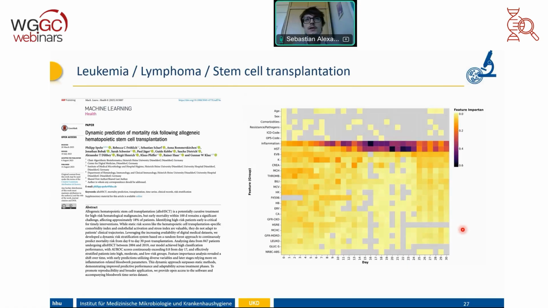We also tried to figure out what kind of features this algorithm looks at to determine if the patient is at low or high risk. And interestingly, we found the highest feature importance around day 15 to day 25, and there were mainly two values that were very interesting.